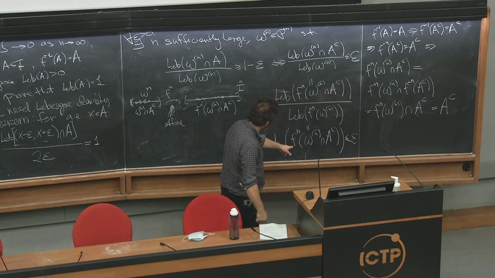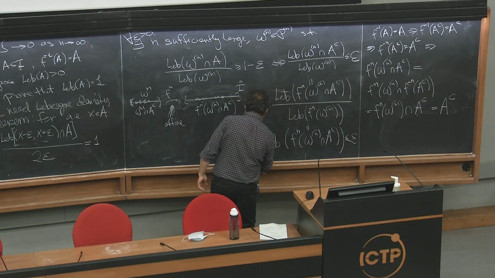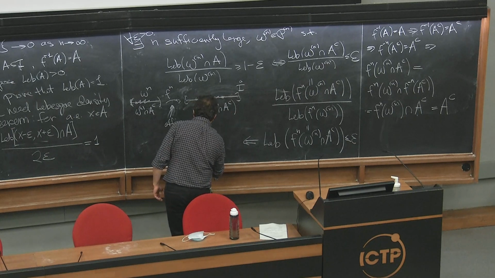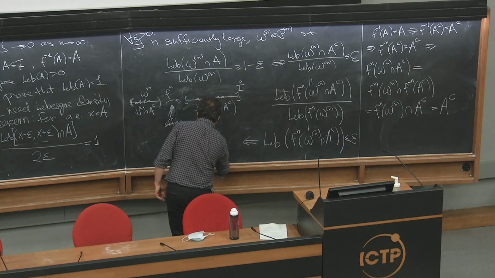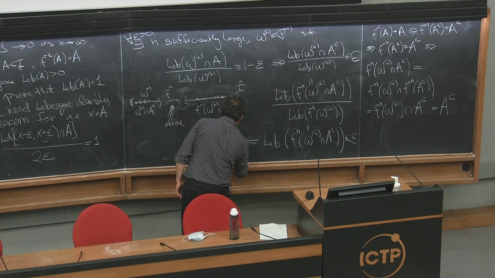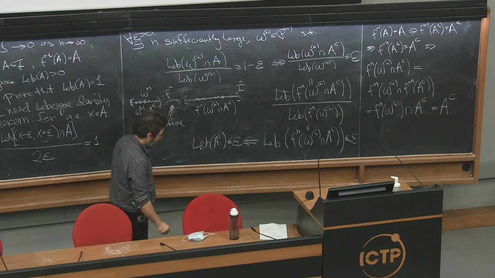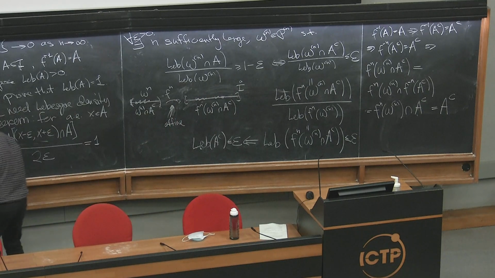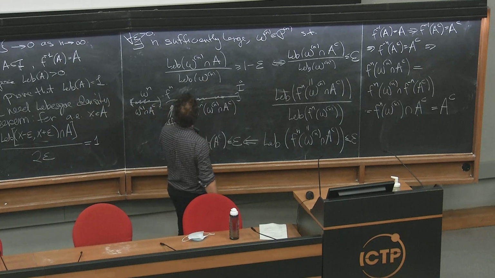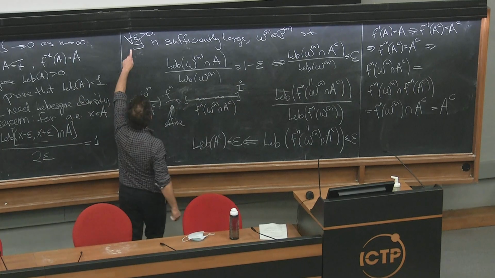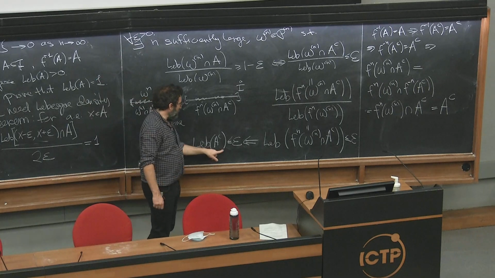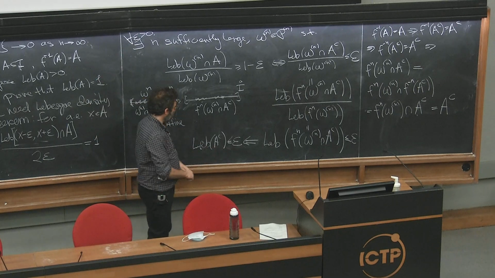There's no particular argument. But what this means is that the Lebesgue measure of AC is less than or equal to epsilon. Which completes the proof, right? Because we have shown that for every epsilon, the Lebesgue measure of AC is less than or equal to epsilon. Okay?